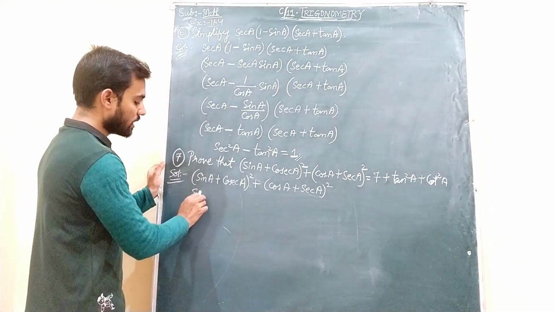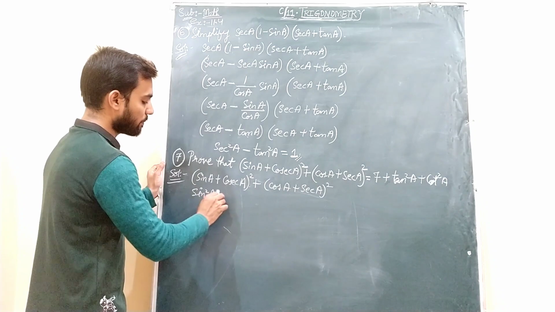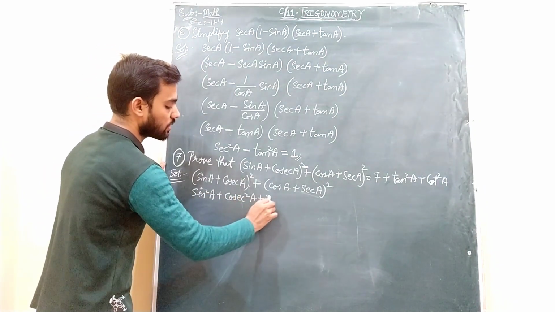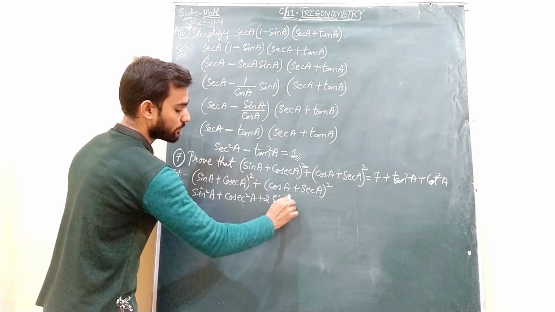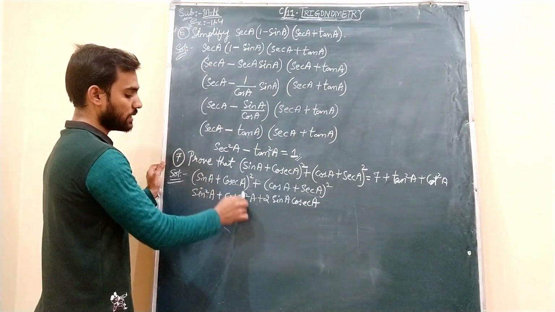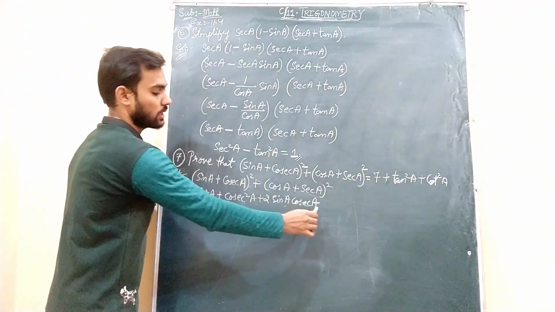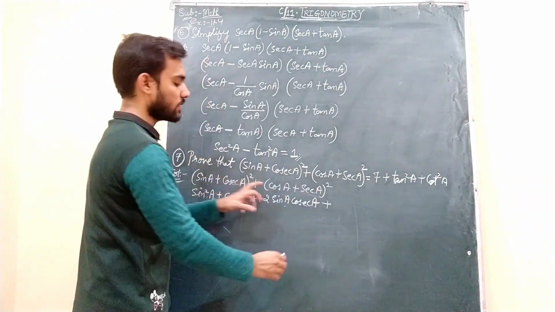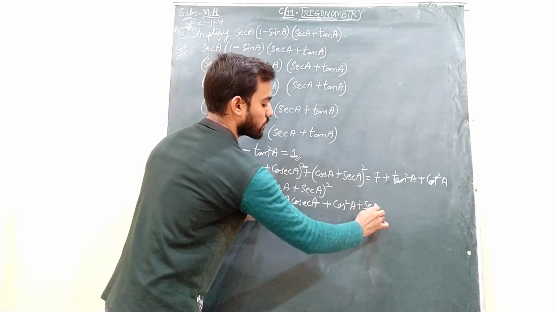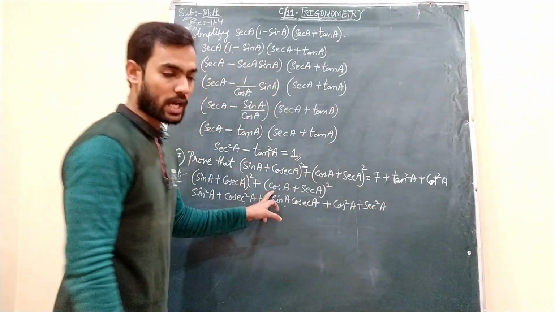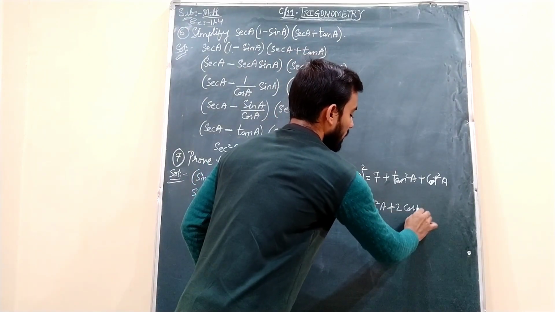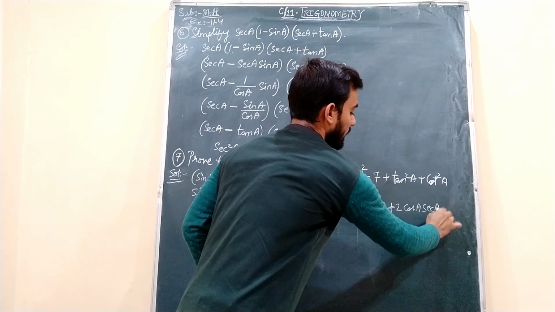So let us write like that: sine square A plus cosecant square A plus 2 sine A cosecant A. Okay students, A square plus B square plus 2AB plus, here also same like this, A square, which is nothing but cos square A plus secant square A square plus B square plus 2AB, which is nothing but plus 2 cos A into secant A.